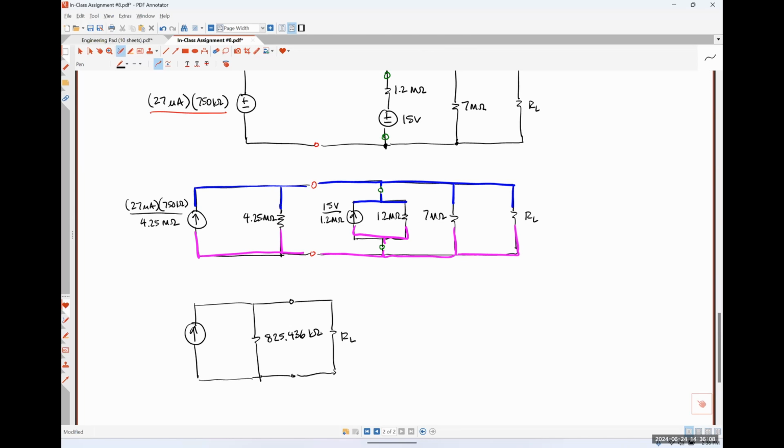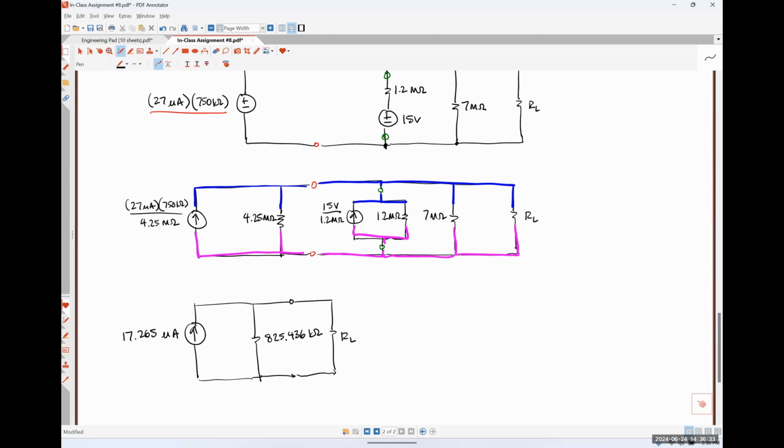And I wind up getting 17.265 microamperes. So this is what our simplified version of the circuit is going to look like.